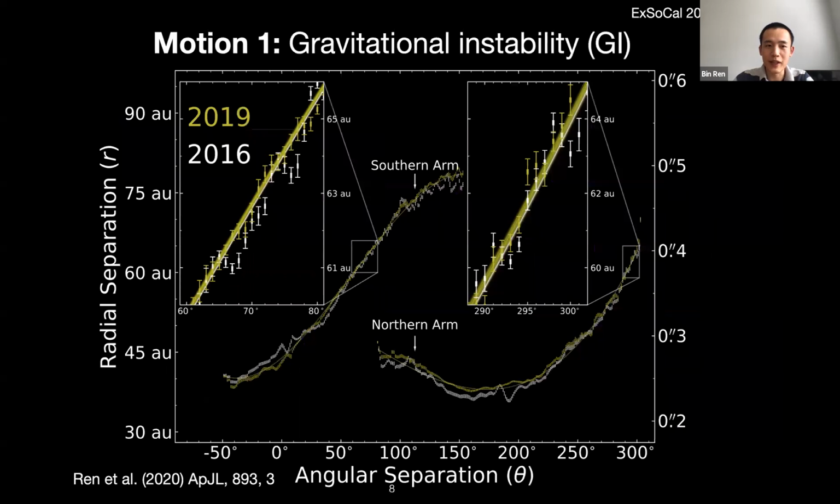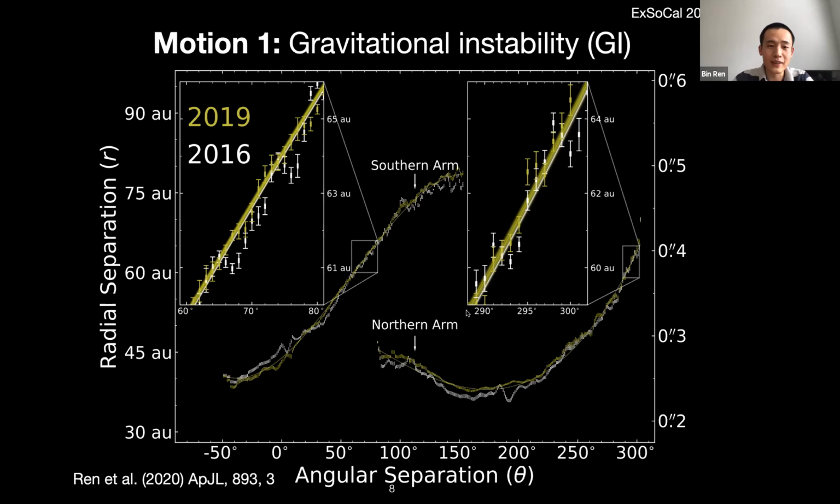In the first mechanism, gravitational instability, the expected motion is that the closer you are to the star, the bigger the azimuthal motion. And based on this analytical relationship, we are able to fit the data at the two epochs.